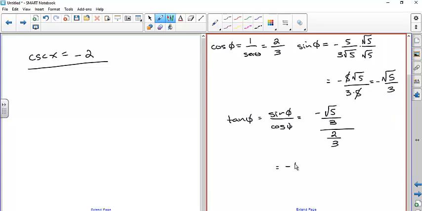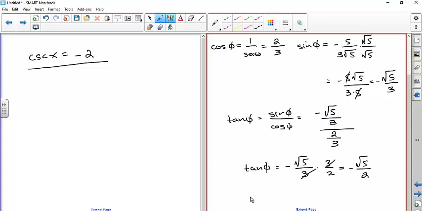So instead of dividing by 2/3, we're going to multiply by 3/2. So you see the 3's cancel out, and we get negative the square root of 5 over 2. So that's the tangent of phi.